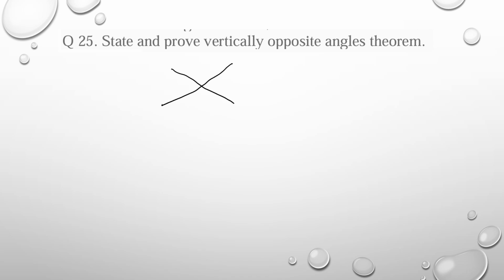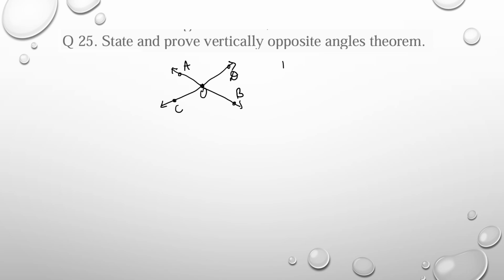Now we know what vertically opposite angles are, but we have to state it and prove it. What is the statement for vertically opposite angles? There should be two lines, they should intersect, and the angles formed are vertically opposite angles. So first name it AOB. This will be COD.